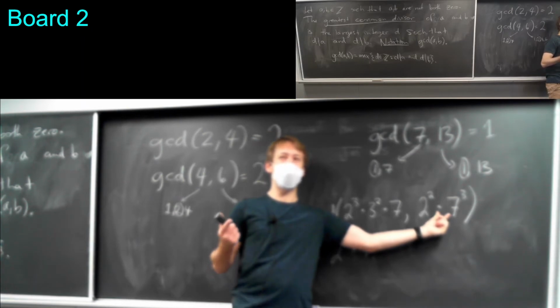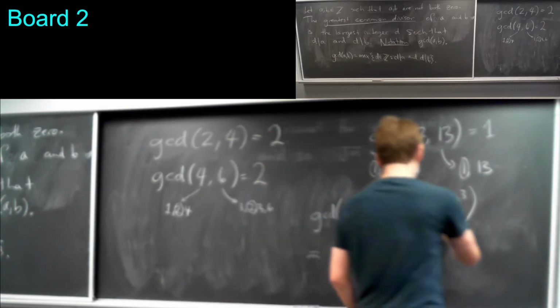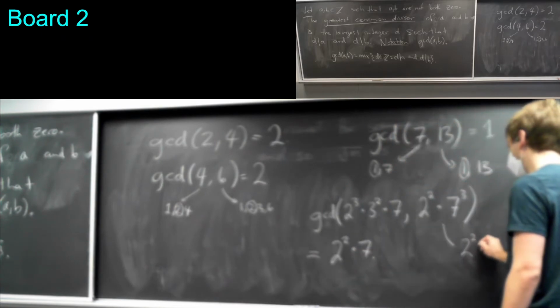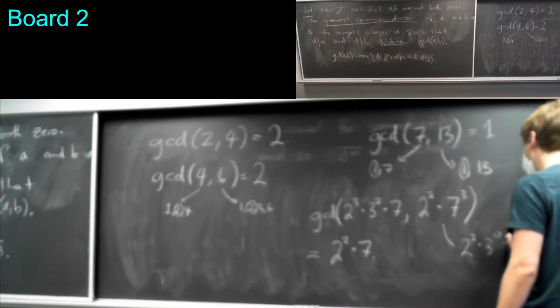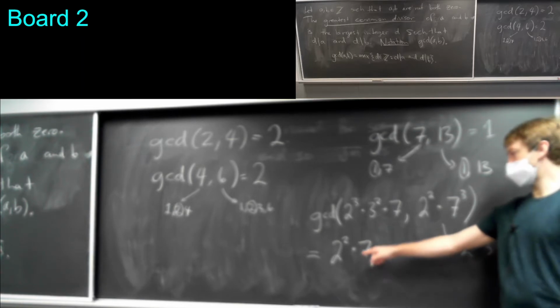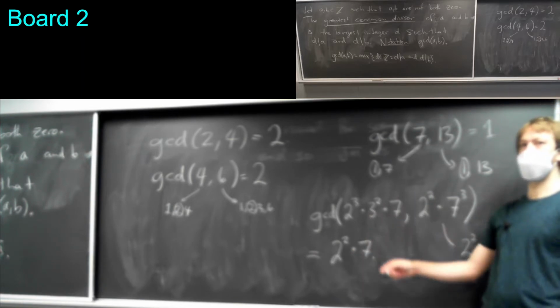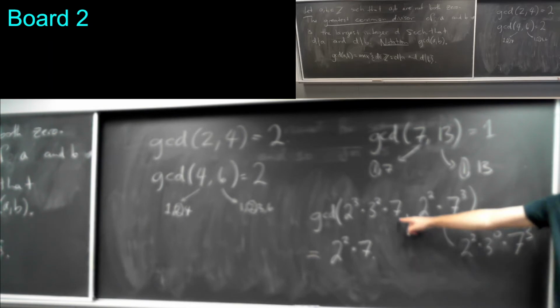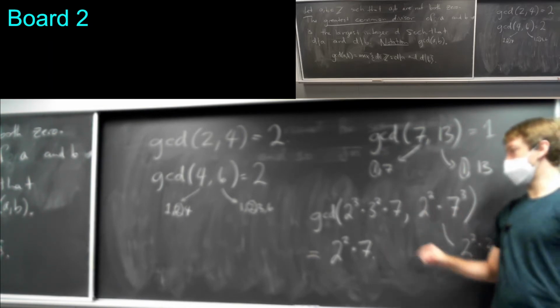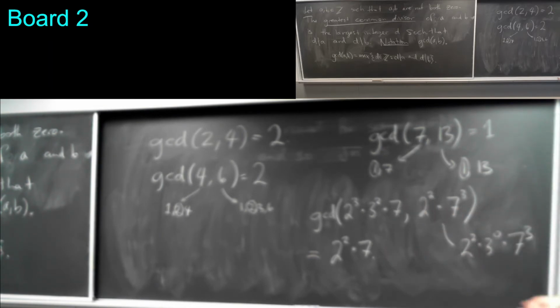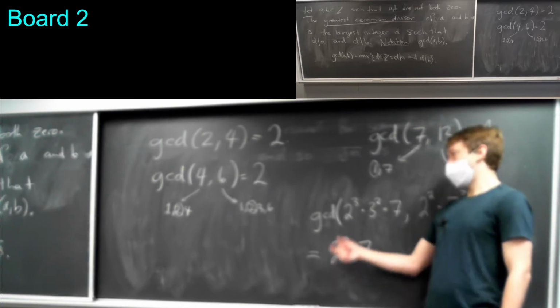This one, you can think of as 3 with an exponent of 0. You can think of this number as 2 squared times 3 to the 0 times 7 cubed. So we put 3 with exponent 0 here. And you can see 7 with exponent 1 or 3. 1 is smaller.